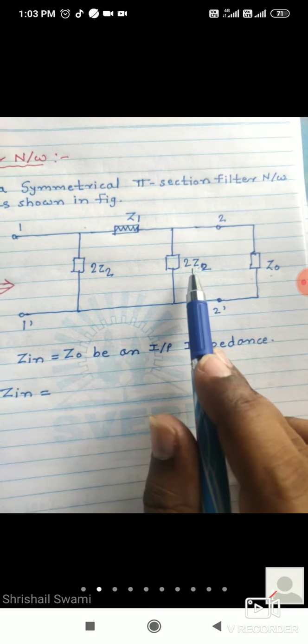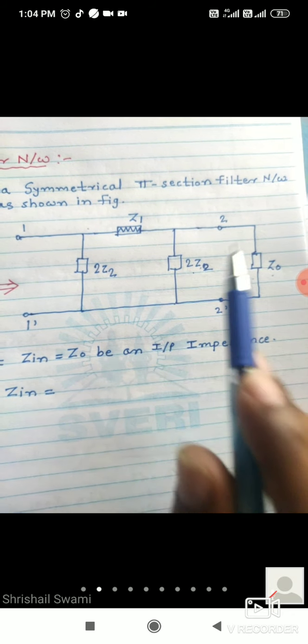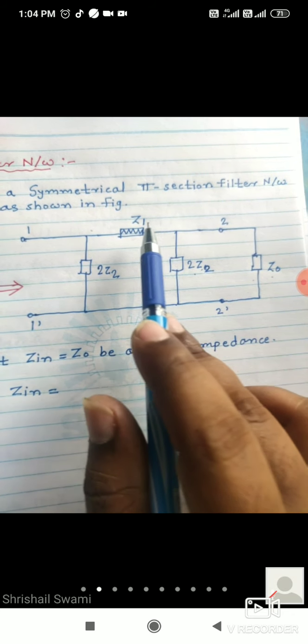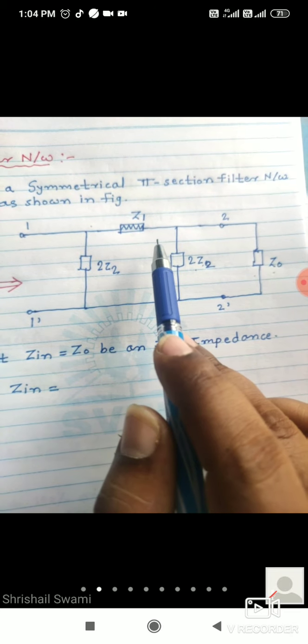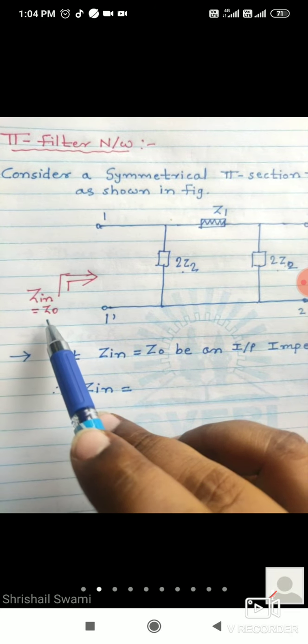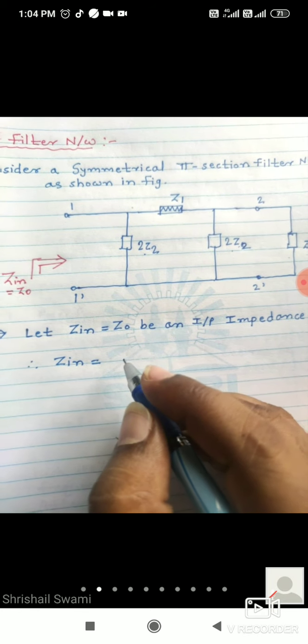So Z0 is in parallel with 2Z2. That parallel combination is in series with Z1. Then find the answer, and that is in parallel with 2Z2, and that is the answer for your Zin. Understood? So one by one you can solve it.